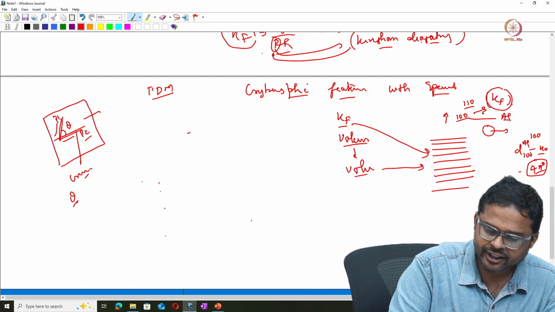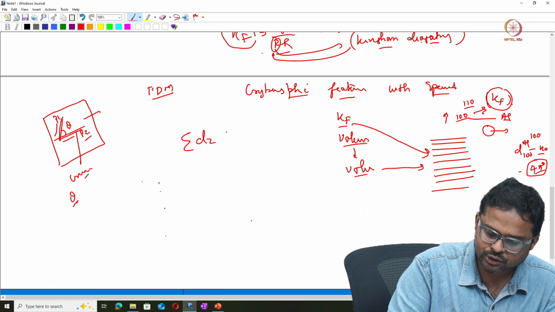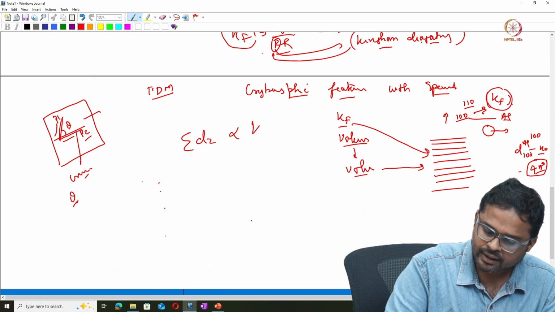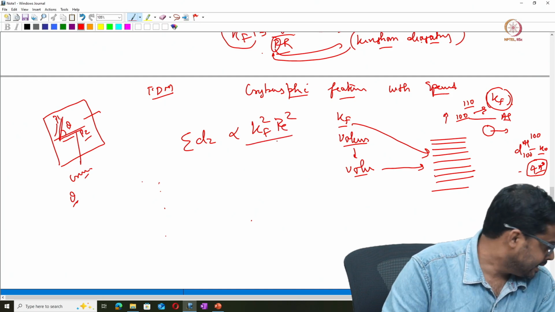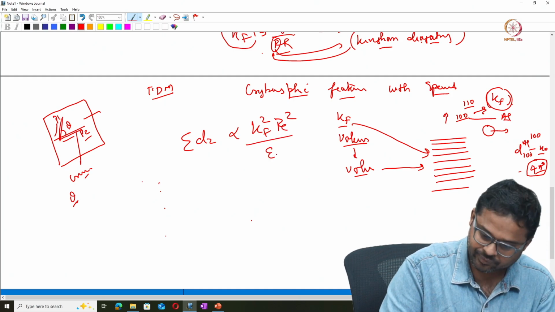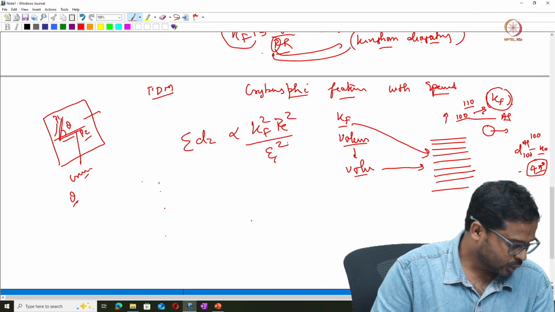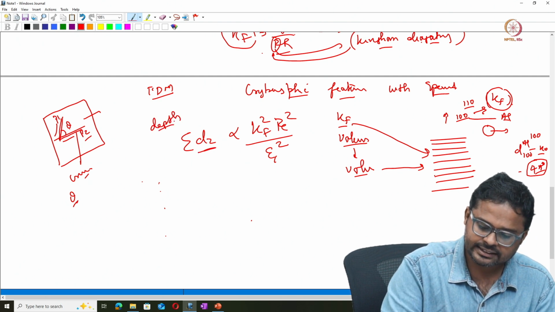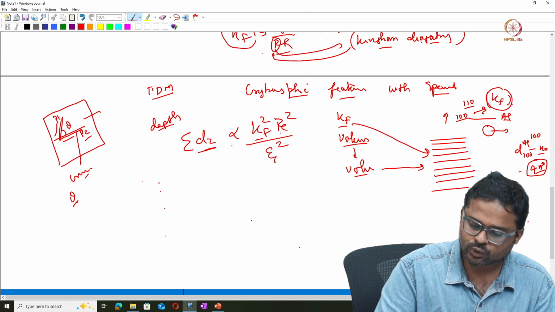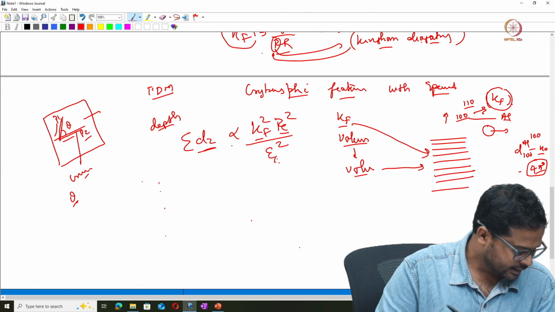So this is related to, as you see in the formula, dz equal to kf squared F squared divided by xi squared. You can see that the depth of penetration is proportional to the kf squared, the field Fe and the Ef.